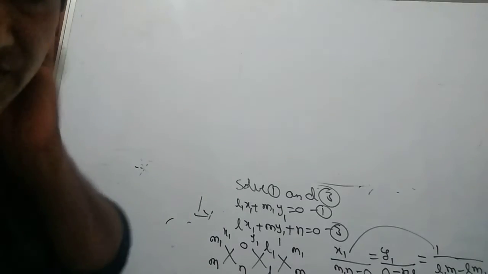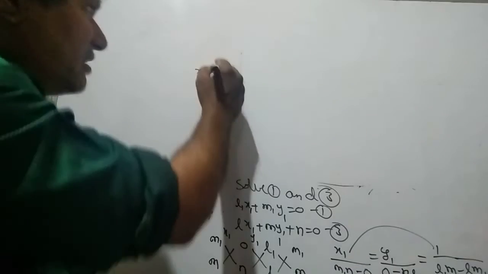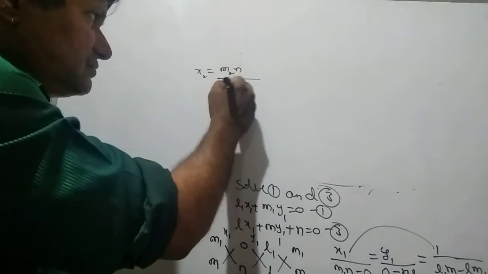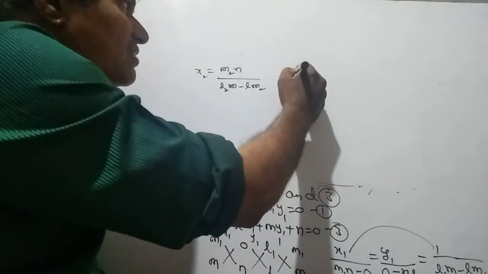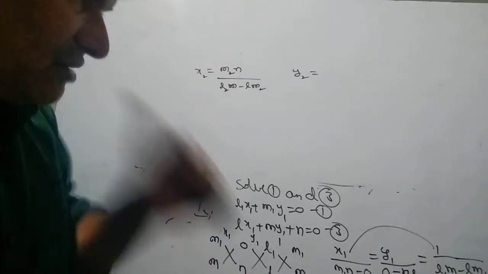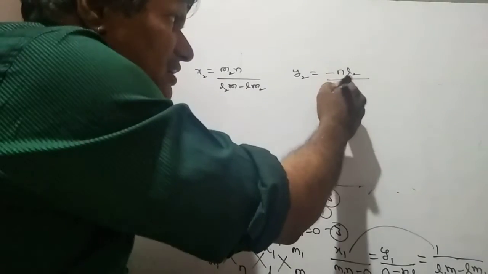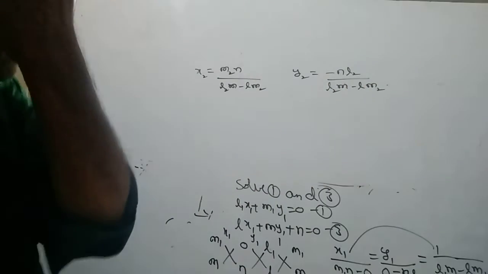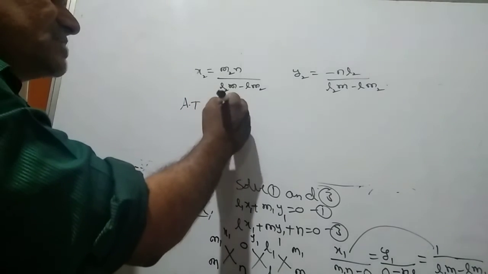Here x1 y1, you know; we can take x2 is m2 n by L2 m minus L m2, y2 is equal to minus n L2 by L2 m minus L m2. So the area of the triangle if the origin is given.